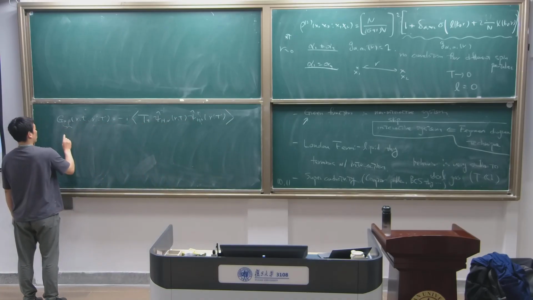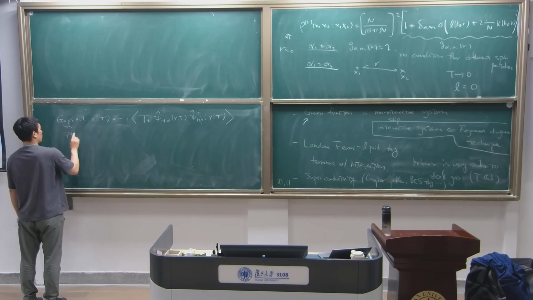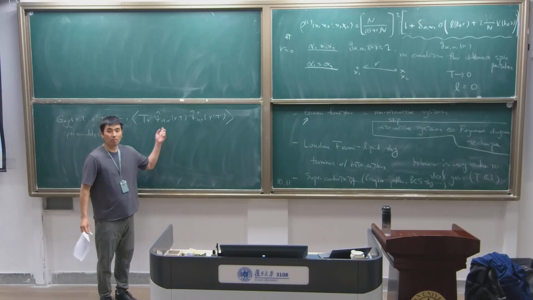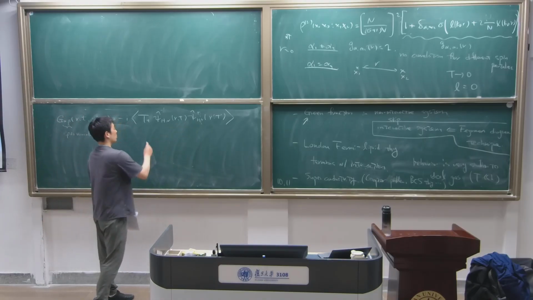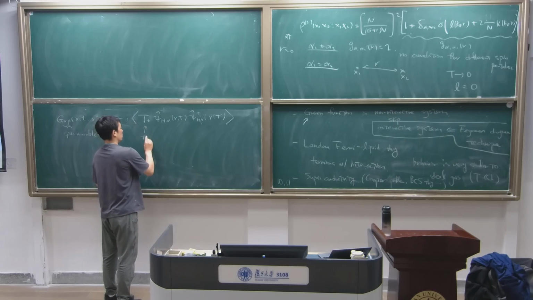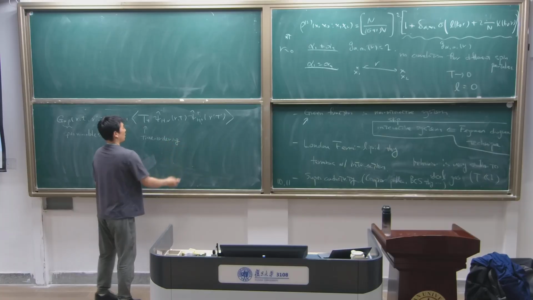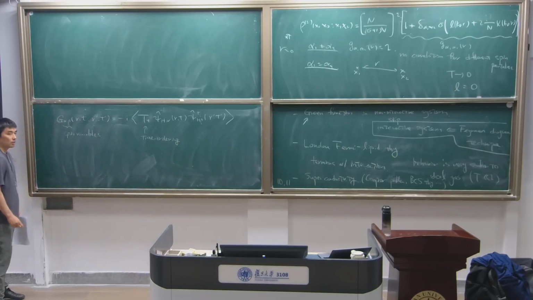These are the indices of the spin variable. And it's essentially the two-point function. And here it's called time ordering.